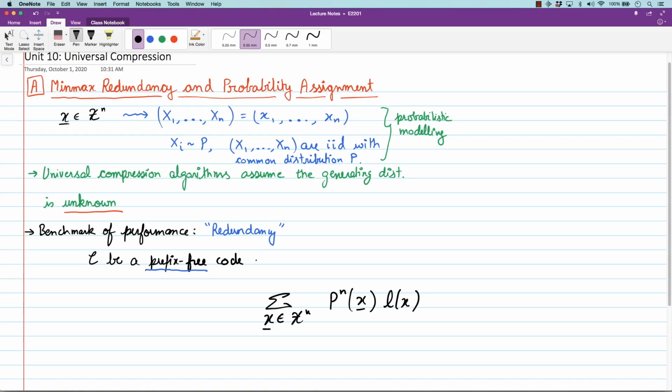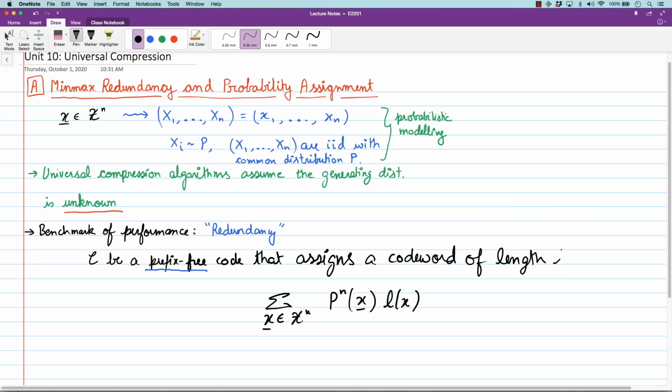The code assigns a codeword of length L(x) to the sequence x. So this is the average length of this code.